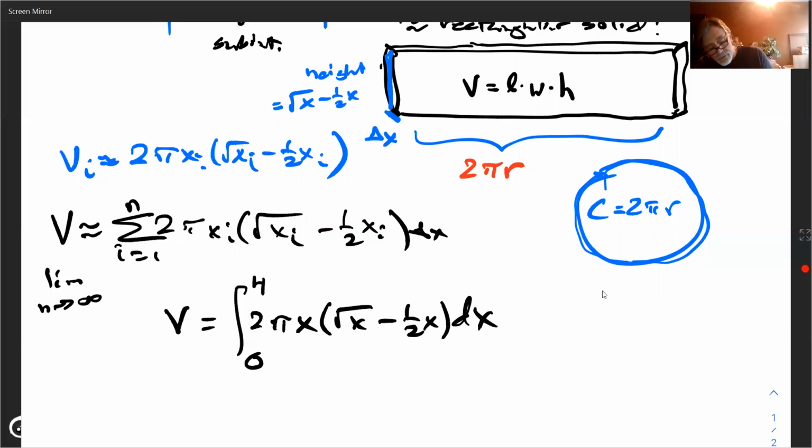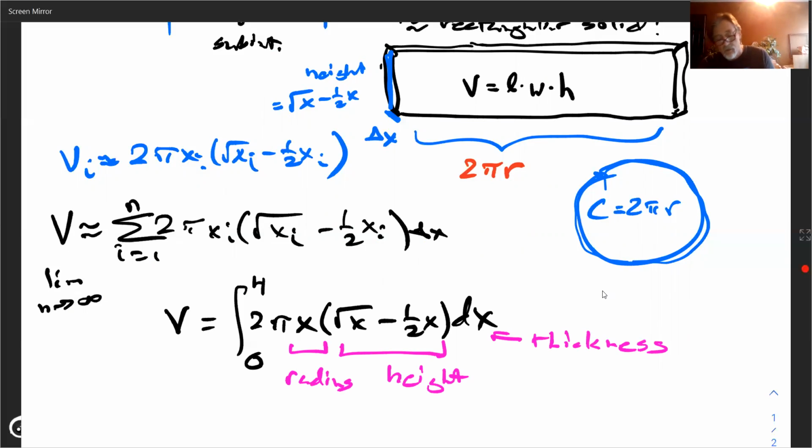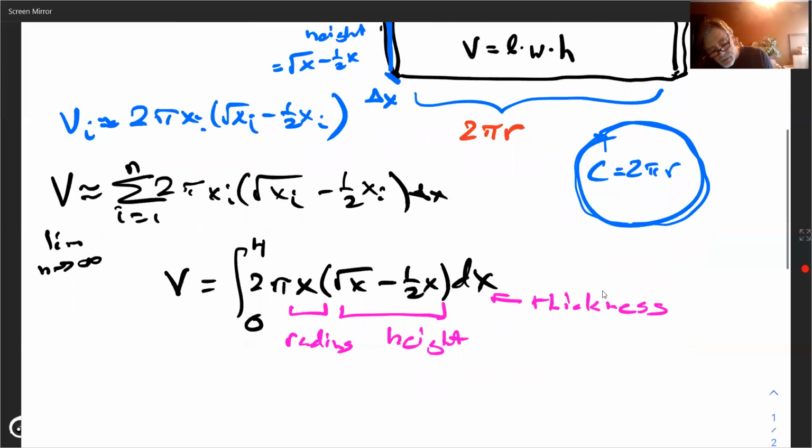This is the shells method, okay? And when you do it, I like to think of this as the radius, and this as the height. And if you need to think of it, this guy, that's the thickness of each cylindrical shell, okay? The radius, though, to be more general, you're going to want to say it's always x, and it's not always x.